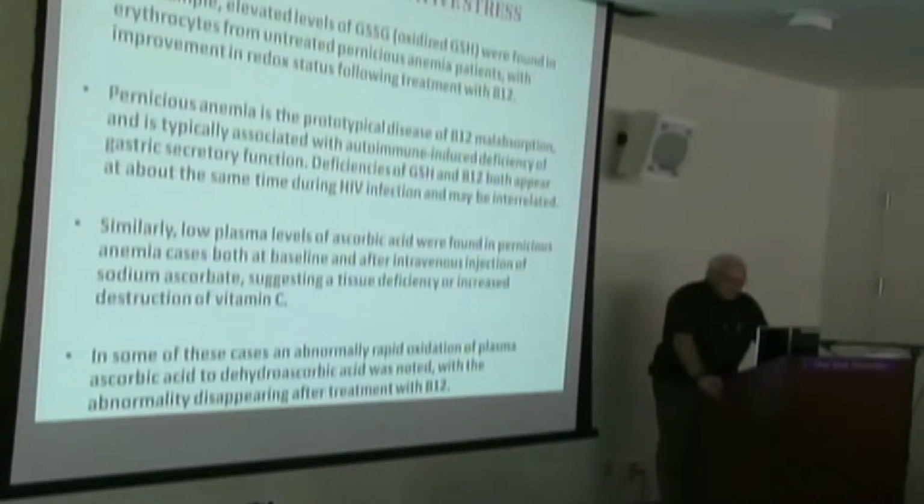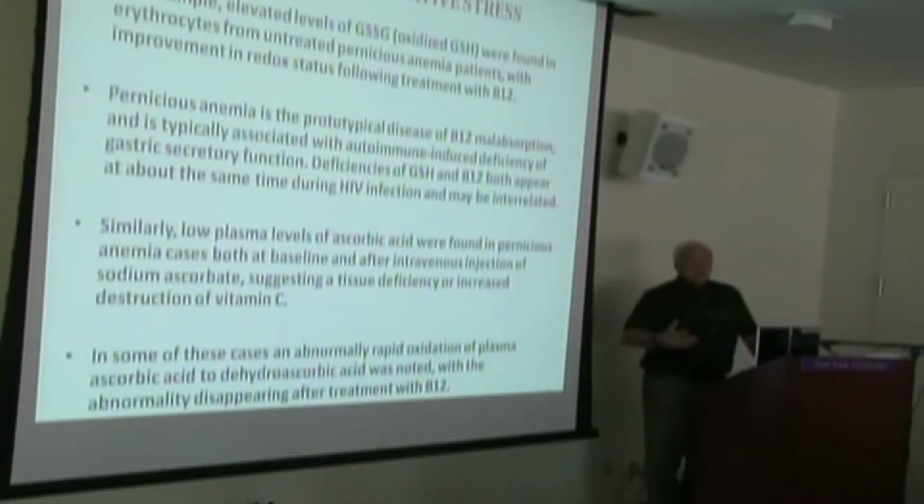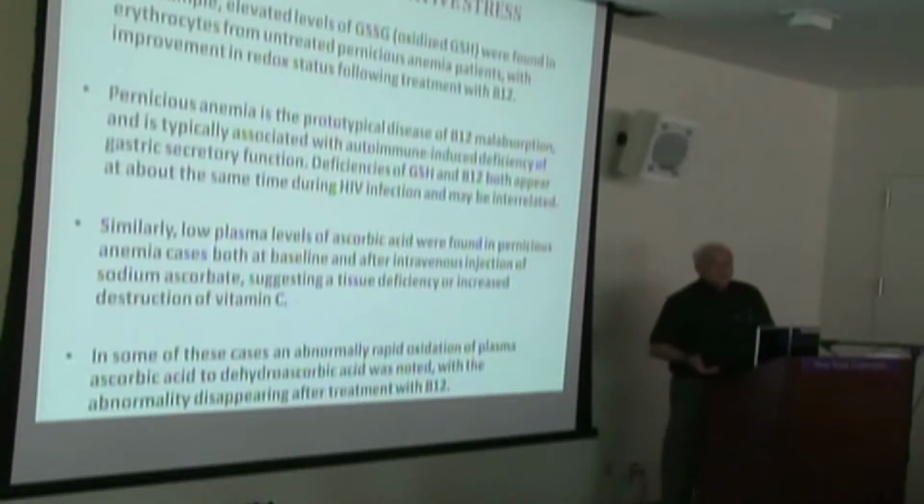Ascorbic acid, vitamin C, also has an important function in which it is maintained in a reduced state by glutathione and by vitamin B12. So all three of which are antioxidants. So is vitamin E, and the first three are water soluble antioxidants.